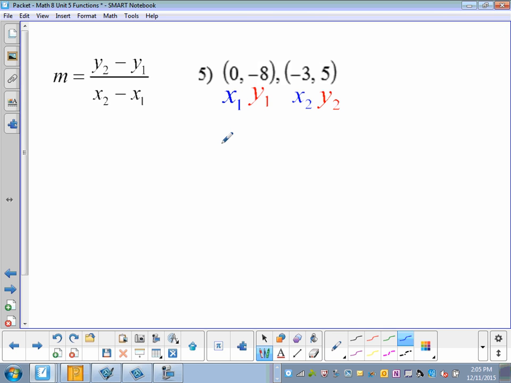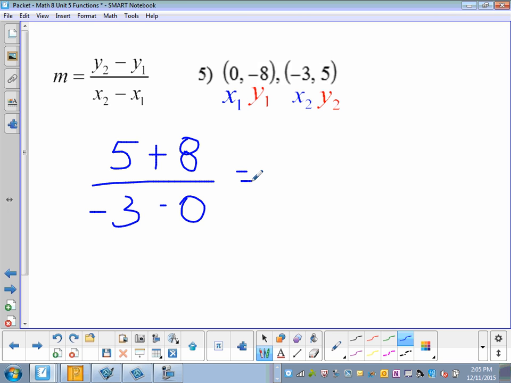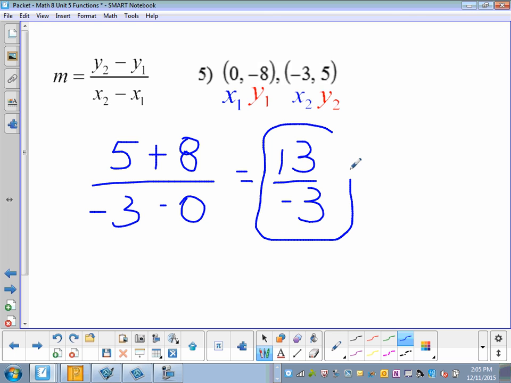We take 5 minus a negative 8, which is 5 plus 8, divided by negative 3 minus 0. So 5 plus 8 is 13, and negative 3 minus 0 is negative 3. So the slope of the line that runs between these points is 13 divided by negative 3, or negative 13 thirds.